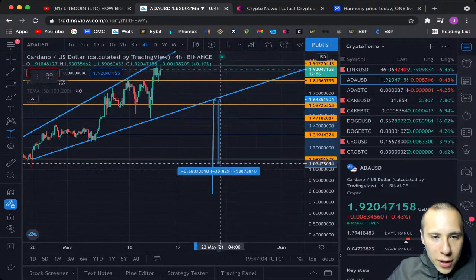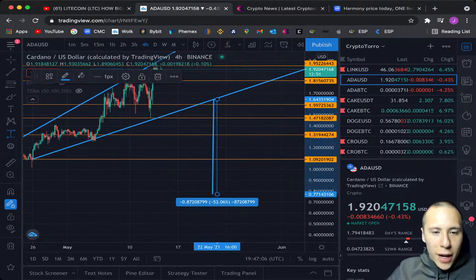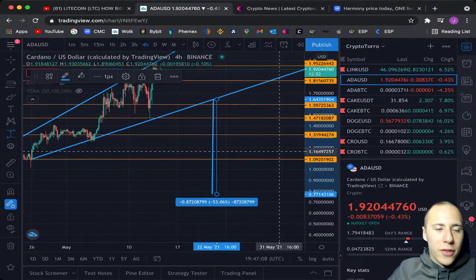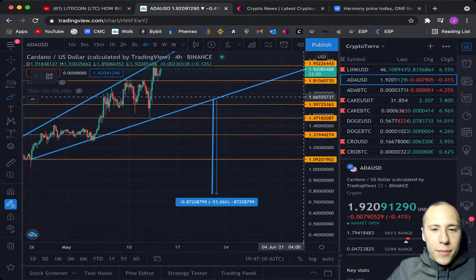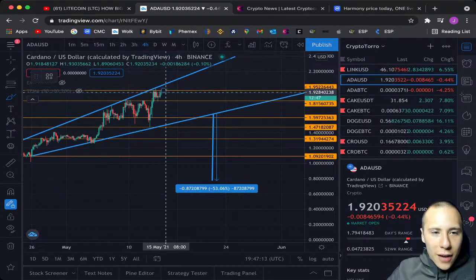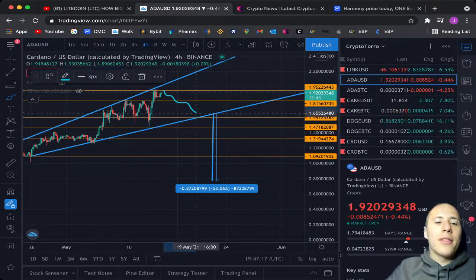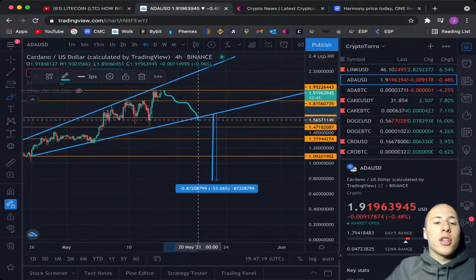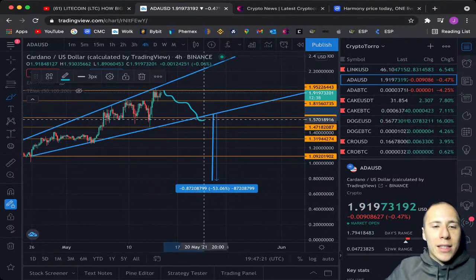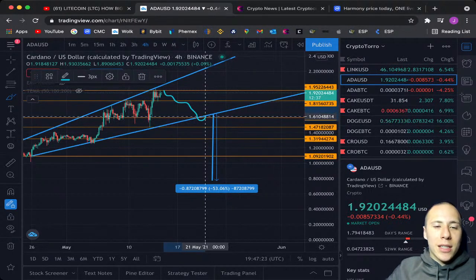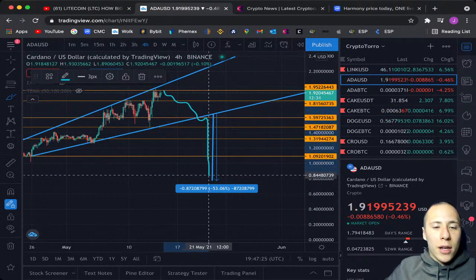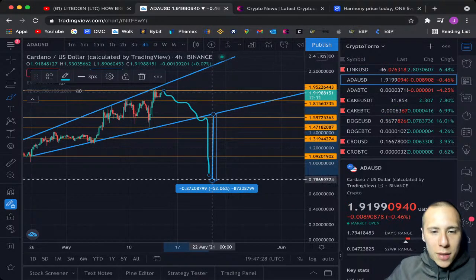And if we saw a move towards the downside be created, it would be a move of approximately 53%, and that would be if Cardano traded all the way down, breaking down below this upward sloping support line, testing it once again as resistance and breaking all the way down towards this level at approximately 80 cents.